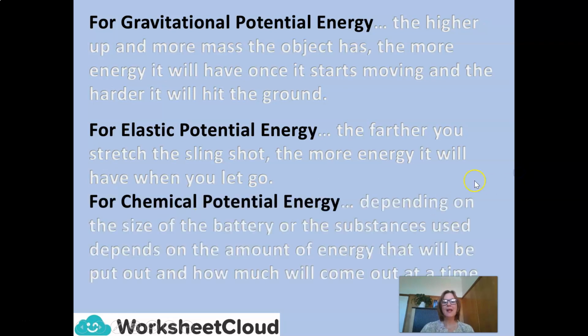For chemical potential energy, the size of the battery and the substances used determine the amount of energy that will be put out and how much will come out at a time from the battery.